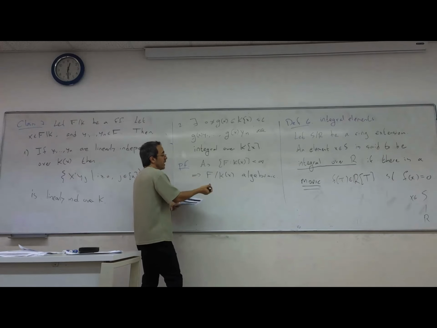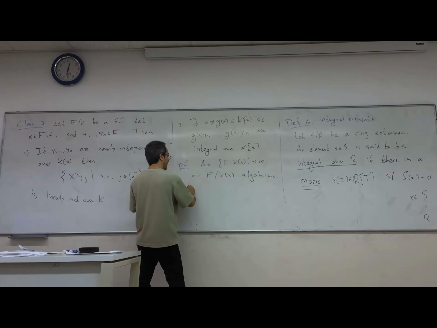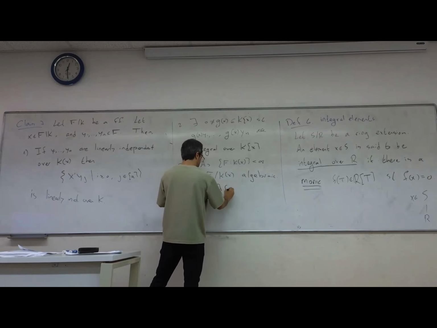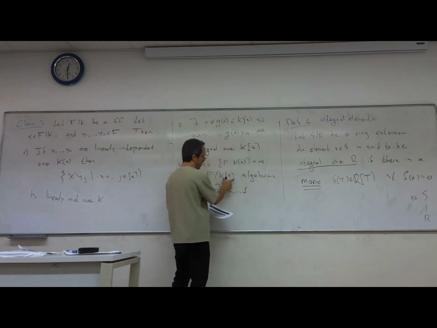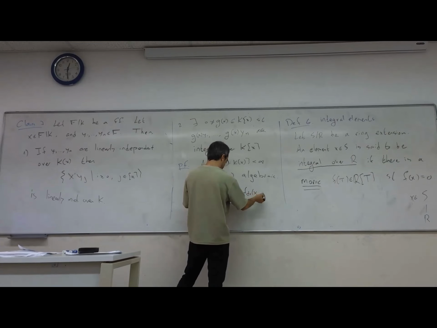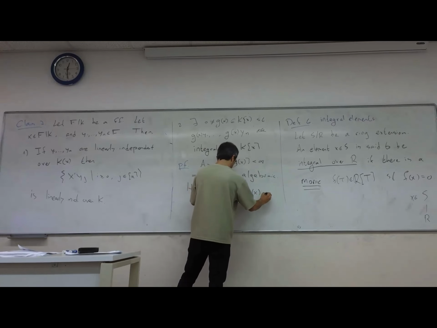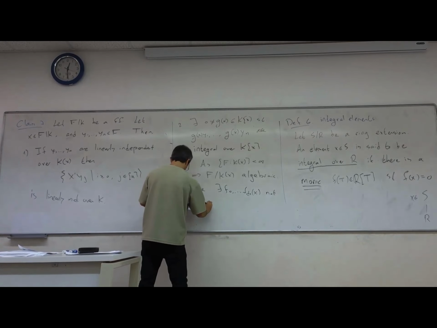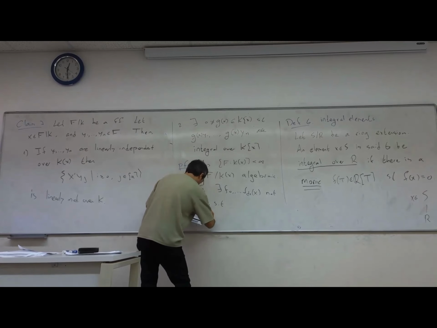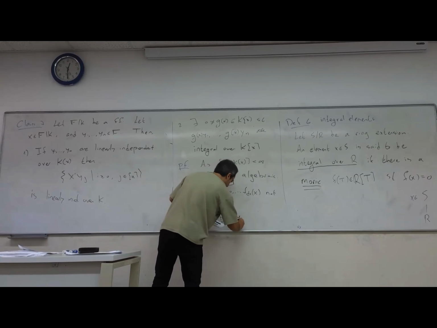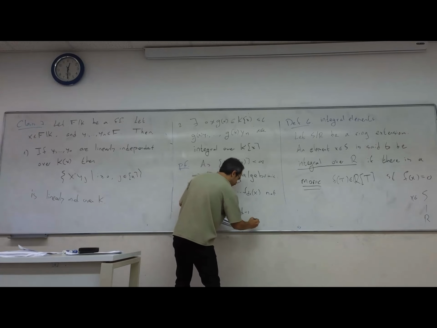So it gives you a polynomial, namely, you can find rational functions in x, f0 up to f d minus 1, not all zeros, such that y to the d plus f d minus 1 of x times y to the d minus 1, and so on. That's the minimal polynomial or something.